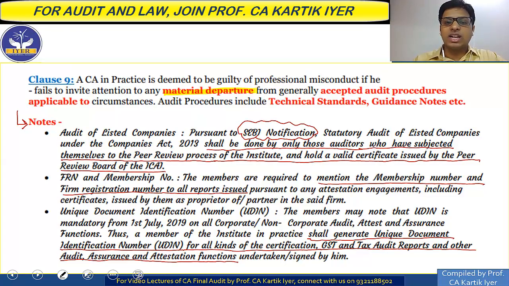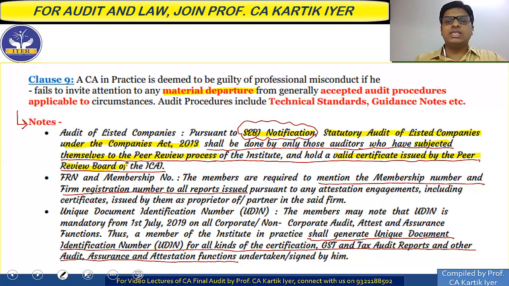Audit of listed companies pursuant to SEBI notification. Statutory audit of listed companies under the Companies Act 2013 shall be done by only those auditors who have subjected themselves to the peer review process of the institute and hold a valid certificate issued by the peer review board of ICAI. So what they are saying is that statutory audit of listed entities can only be done by those CAs who are auditors and who have subjected themselves to the peer review process of the institute.